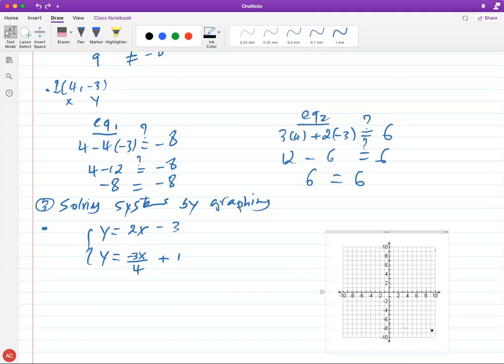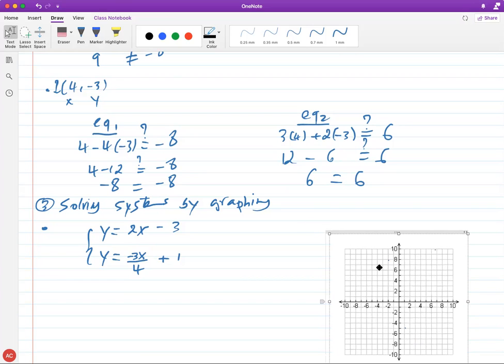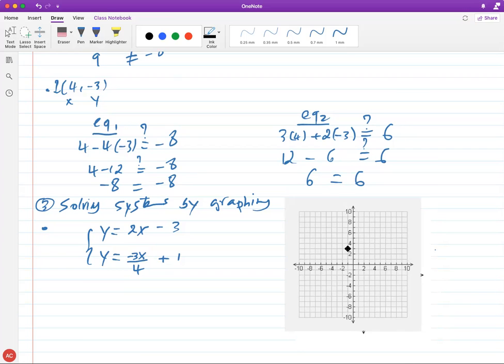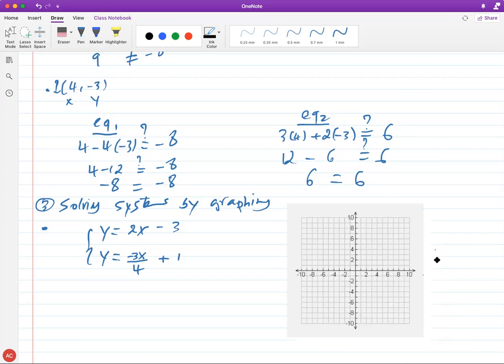And you can use it to graph your lines. Instead of drawing a new line, you can simply find one online like this and use it. Okay, so we're going to graph both of these lines here and see how they behave.